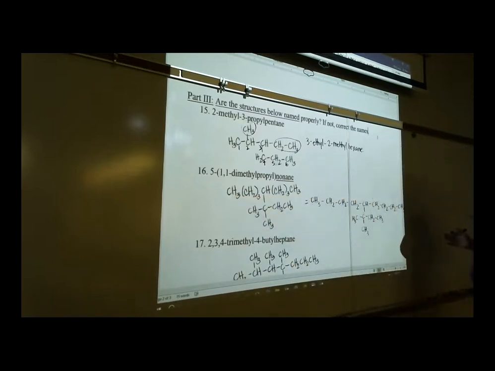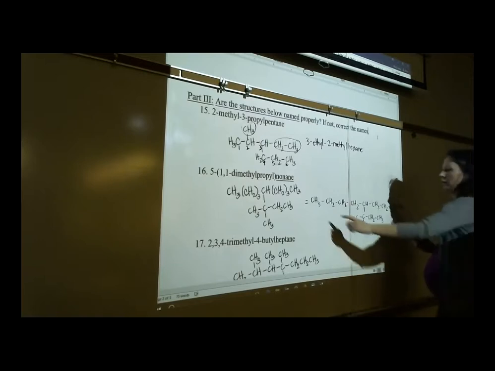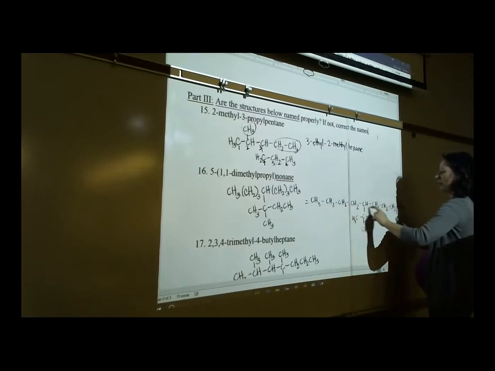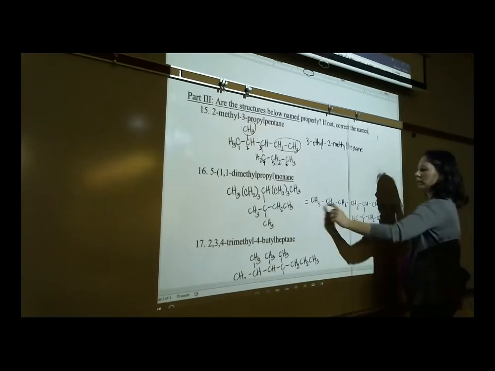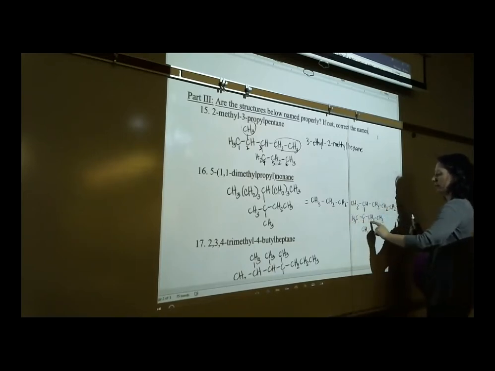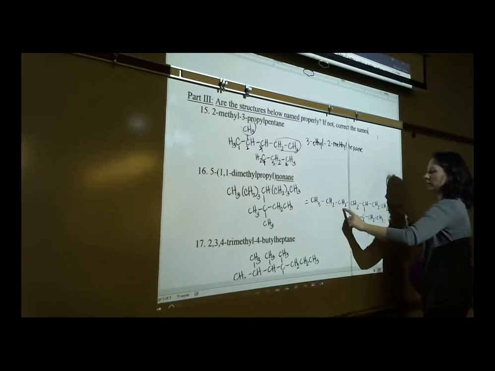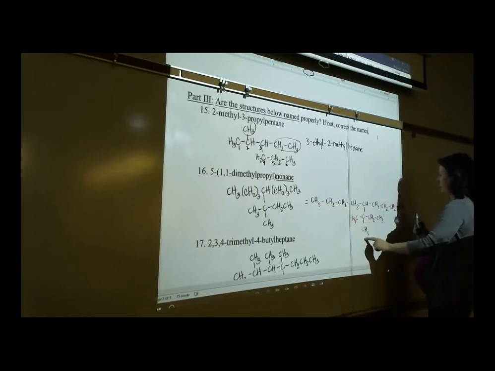Okay, so now we just need to identify the parent chain. 1, 2, 3, 4, 5, 6, 7, 8, 9. That's what the student called it. 1, 2, 3, 4, 5, 6, 7, 8. 1, 2, 3, 4, 5, 6, 7. 1, 2, 3, 4, 5, 6, 7, 8.